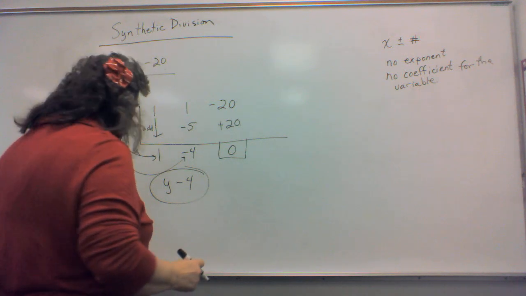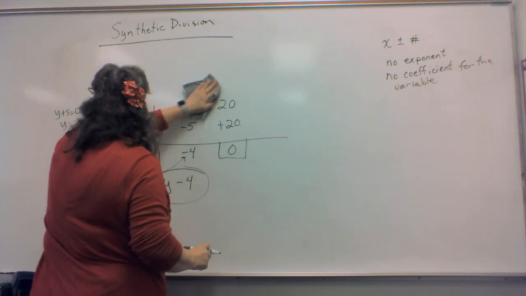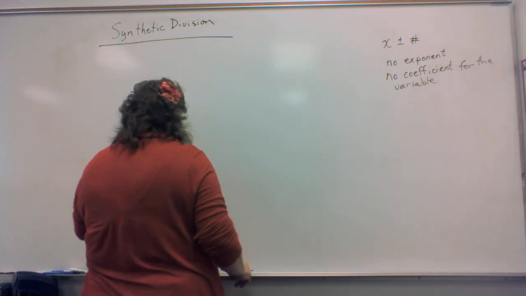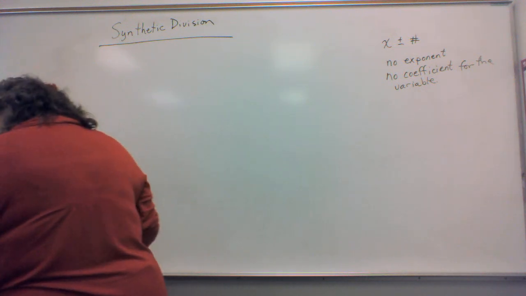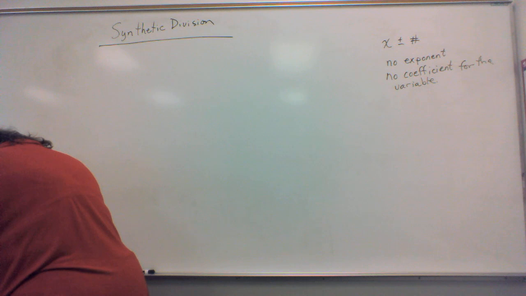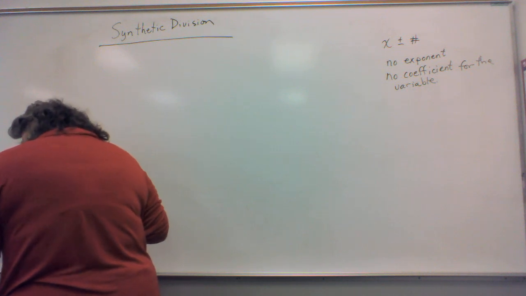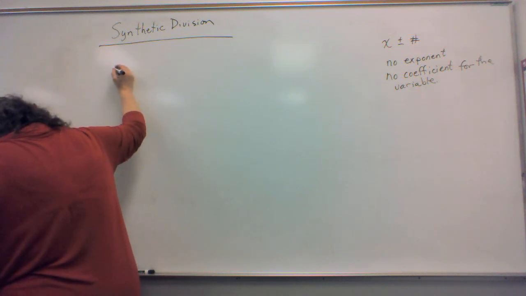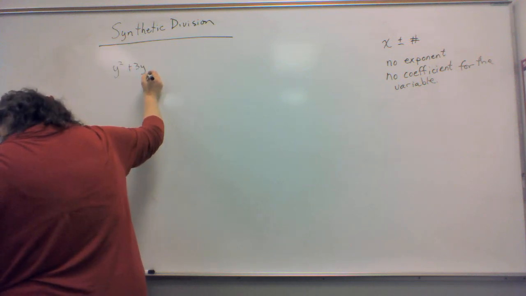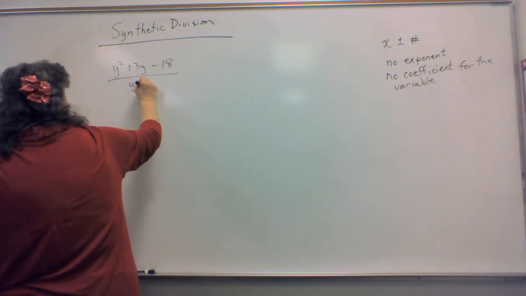So this is the answer to this division problem. Okay? Now let's look at another one. Let's do another simple one. y squared plus 3y minus 18 divided by y plus 6.